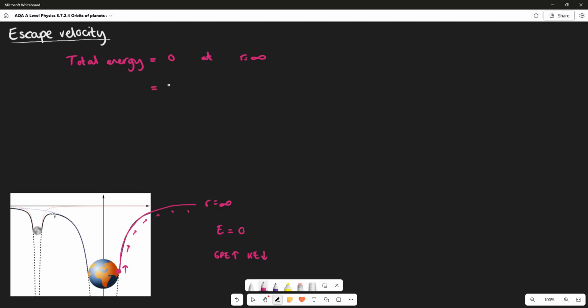This total energy is composed of a sum of the kinetic and the gravitational potential energy, which has a negative value, and therefore this is true. We have another way of expressing this in terms of the law of gravitation.